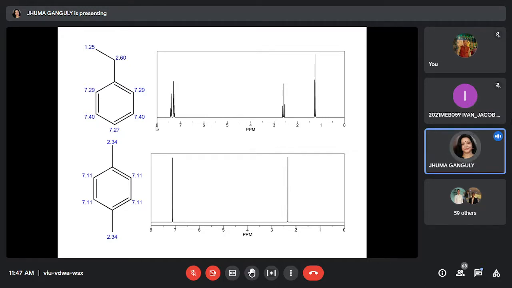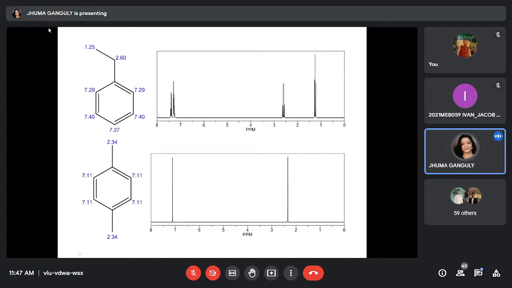So there is a range here also: the aromatic range, aliphatic range, methyl group. The chart is fixed. The delta value is almost fixed, with a little difference because of the neighboring environment.